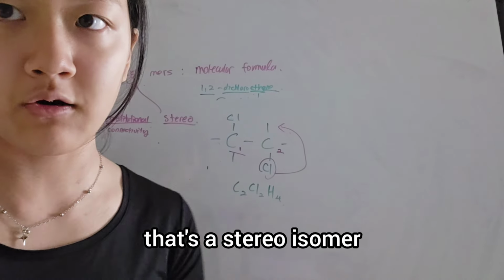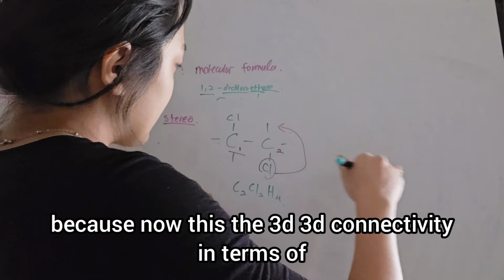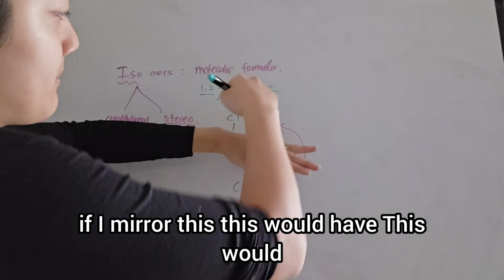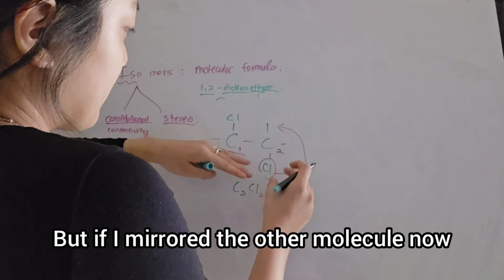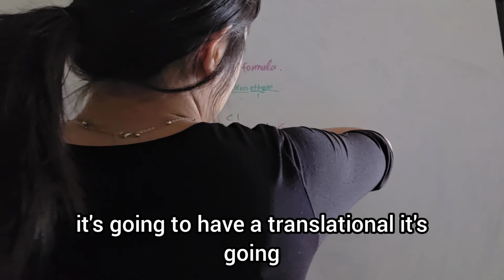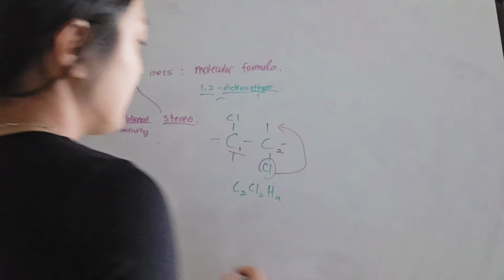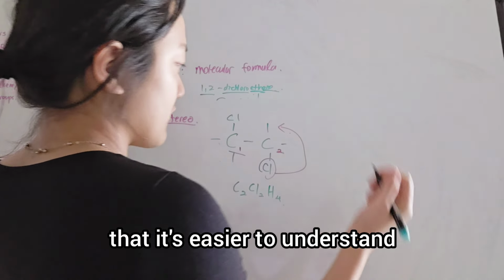Well, that's a stereoisomer, because now the 3D connectivity, in terms of if I mirror this would have been the opposite, but if I mirrored the other molecule now, it's going to have a translational, it's going to have a transposable axis. That's going to be the difference here. For example, let me draw this so that it's easier to understand.